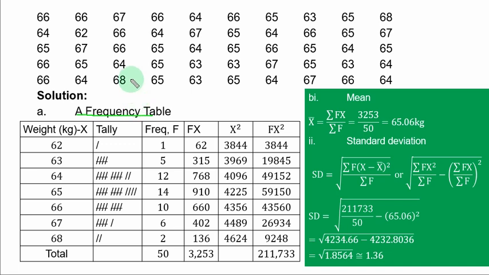You simply look for the least weight, that is 62, and the highest weight is 68. Then you list them in this form: 62, 63, 64, 65, 66, 67, 68.